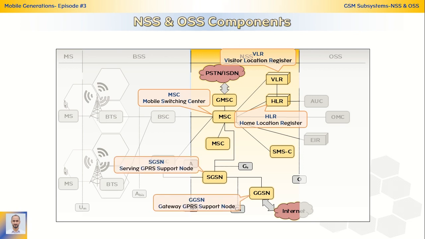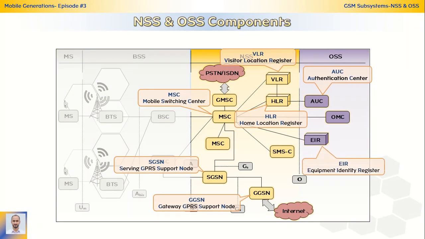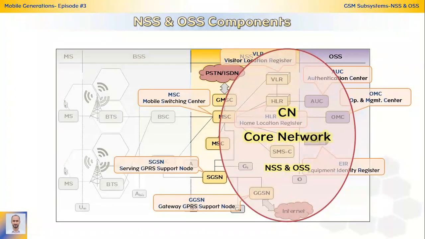We have two entities upon evolving into GPRS in the backend domain, the serving support node and gateway support node. In the OSS, we have Authentication Center, Equipment Identity Register, and Operation and Management Center. These two subsystems, NSS and OSS, constitute the core network of the GSM architecture.